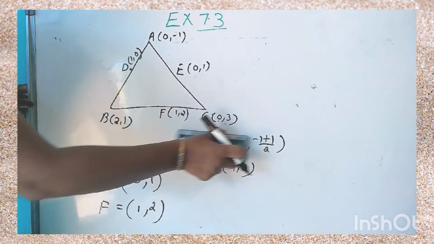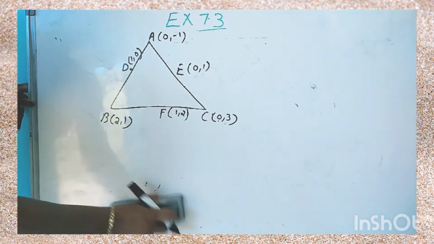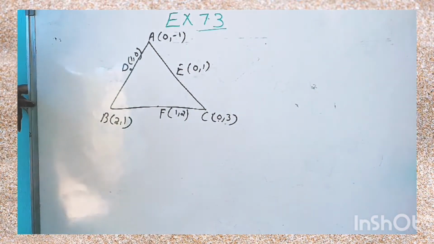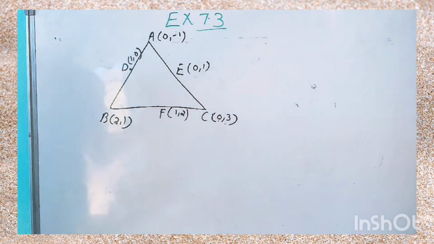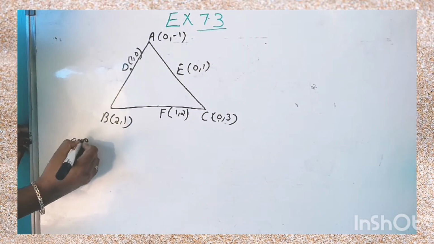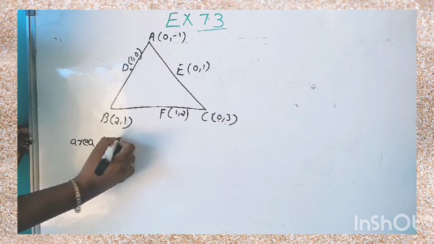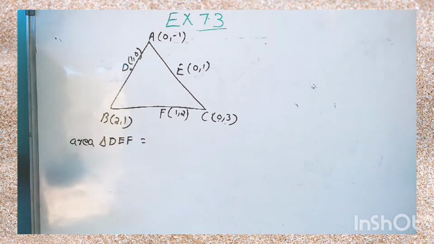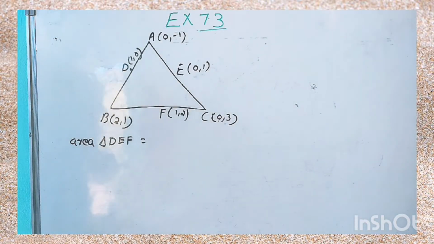Now we need to find out the area of the triangle DEF and the area of the triangle ABC.